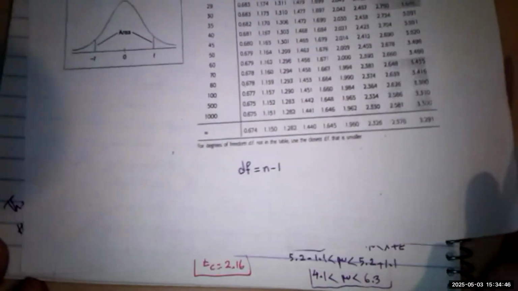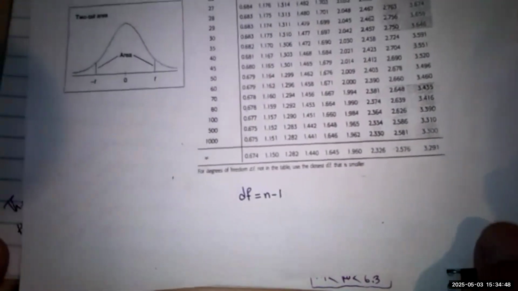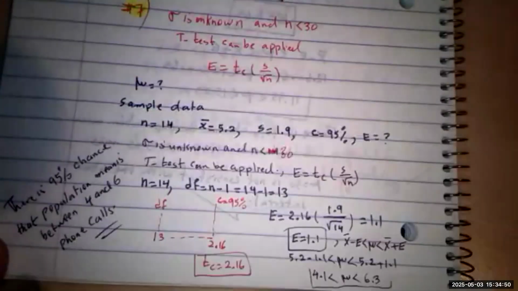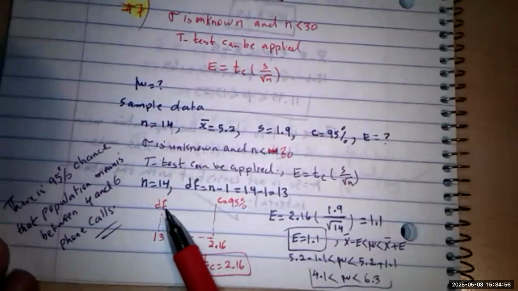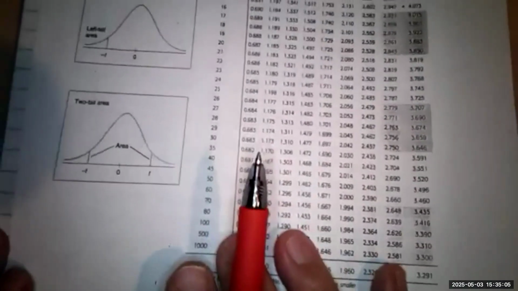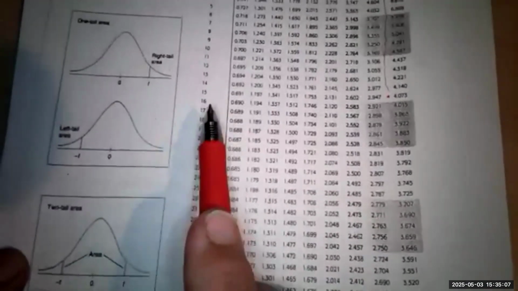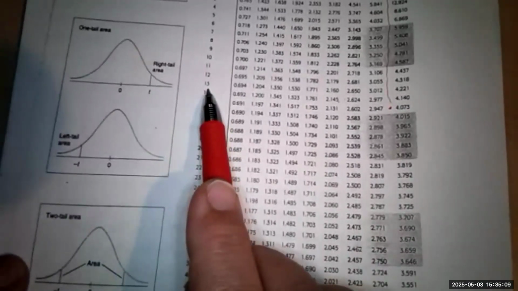So in order to find the t_c, what you do is this. n is equal to 14, so degree of freedom would be 13. You go to this table and you identify the 13. See, look at this, this is degree of freedom of 13.